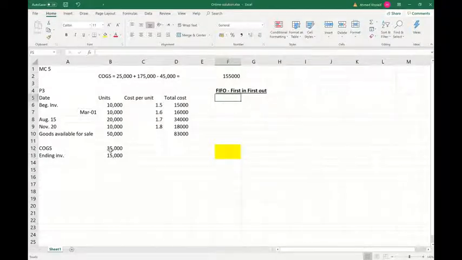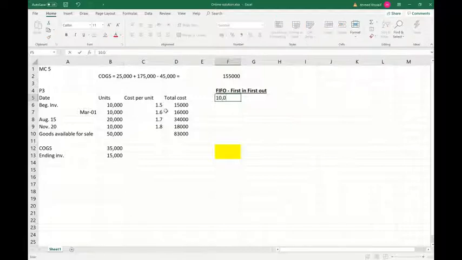We have 35,000 units sold, so we need to determine the cost of these units. We start from the beginning, so it is first in, first purchase, first sold, starting from beginning inventory.